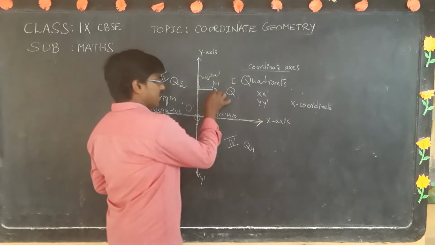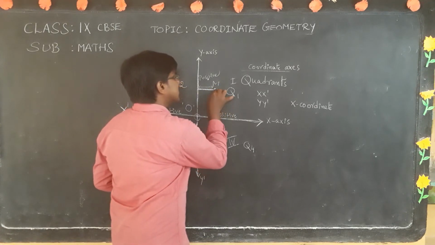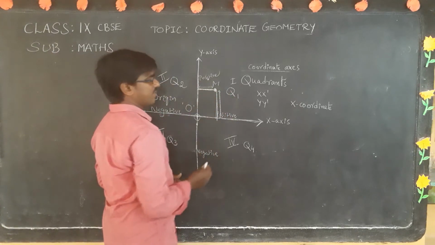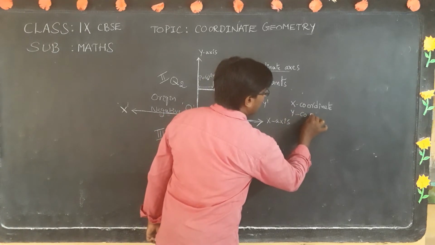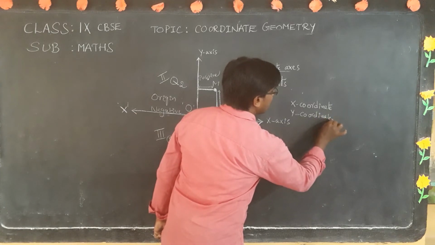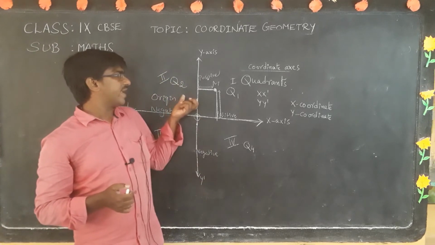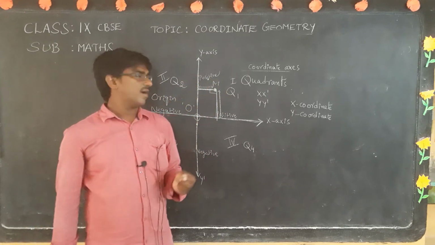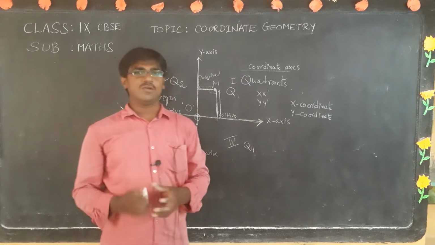In the same way, the perpendicular distance from the x-axis to the point is called the y coordinate. The perpendicular distance from the y-axis is called the x coordinate, and the perpendicular distance from the x-axis is called the y coordinate.